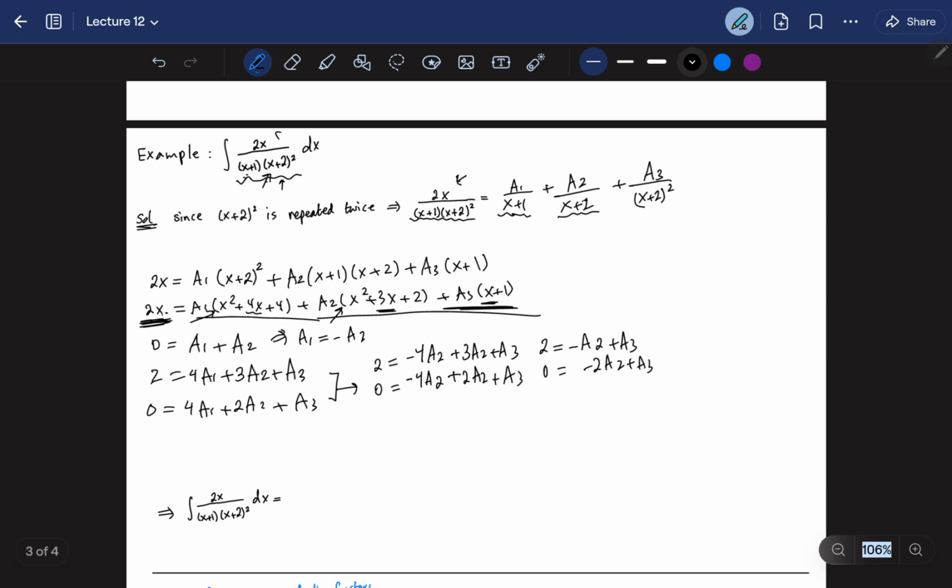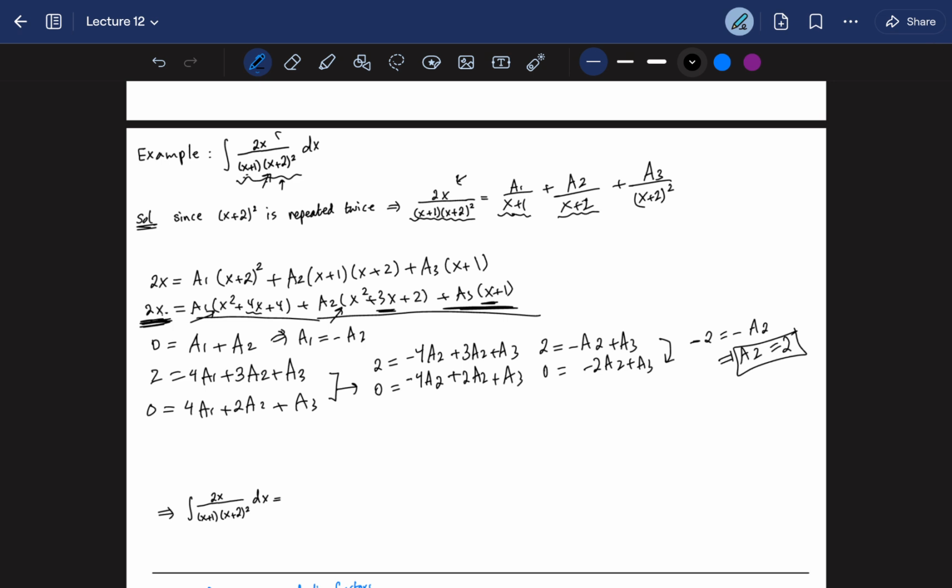Now if we subtract this from this, we're going to get negative 2 is equal to negative a2, then a2 is equal to 2. Just subtract the equations from each other.